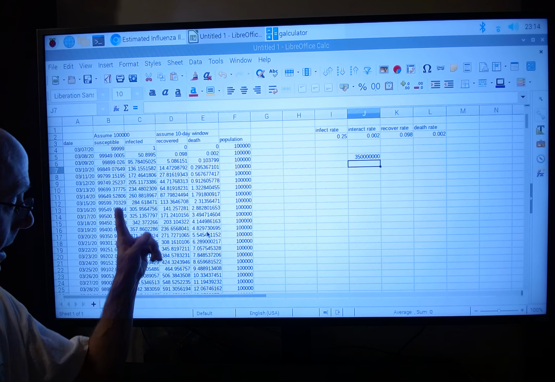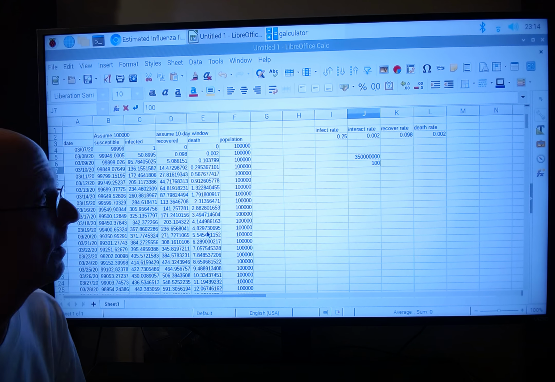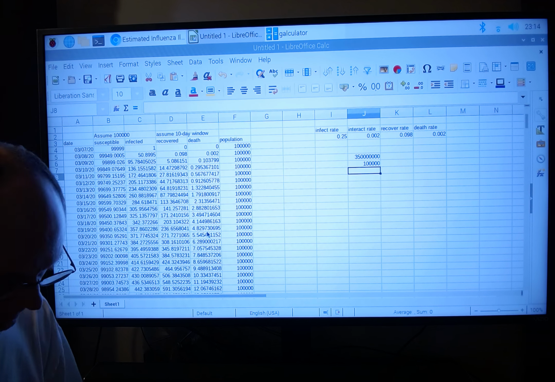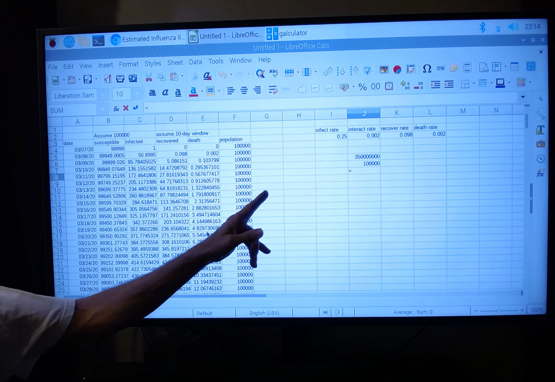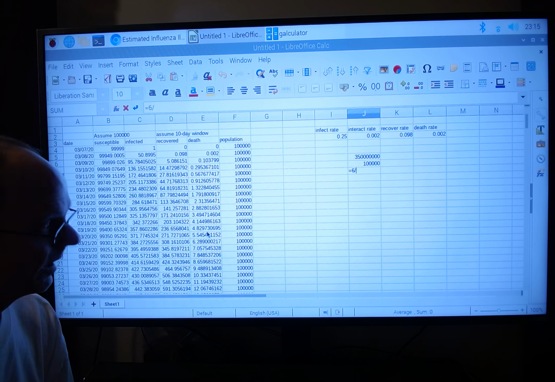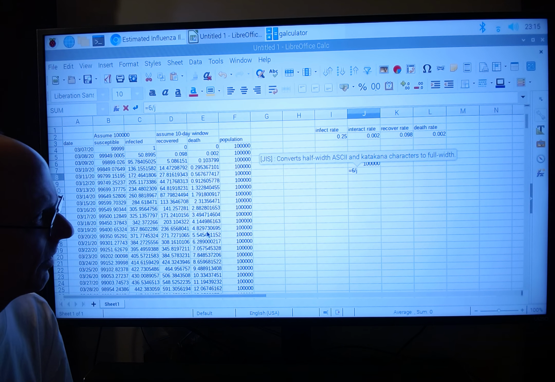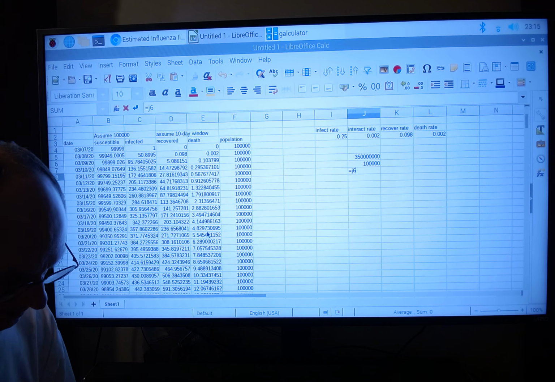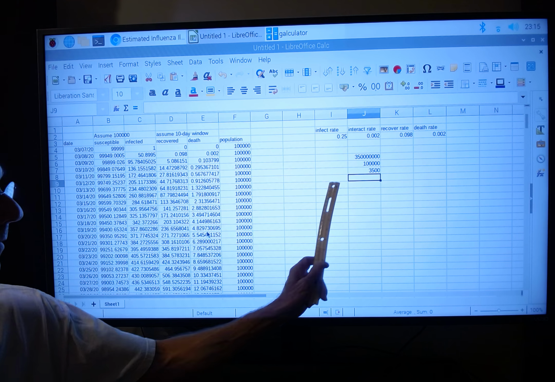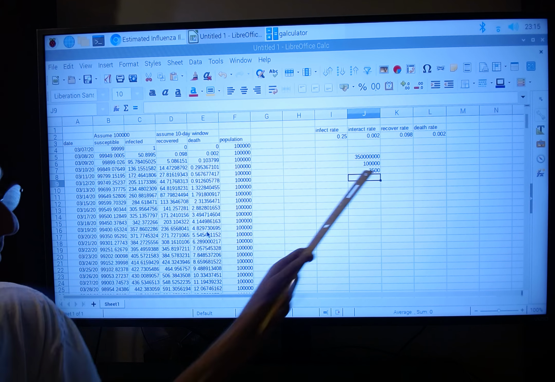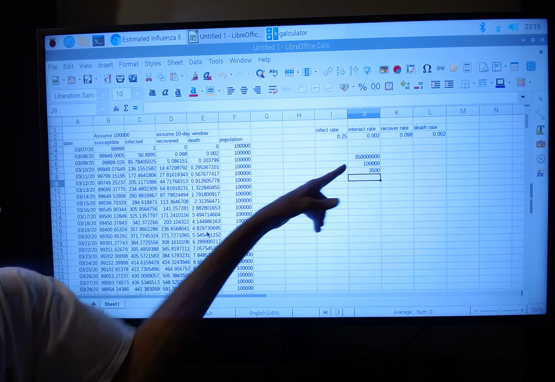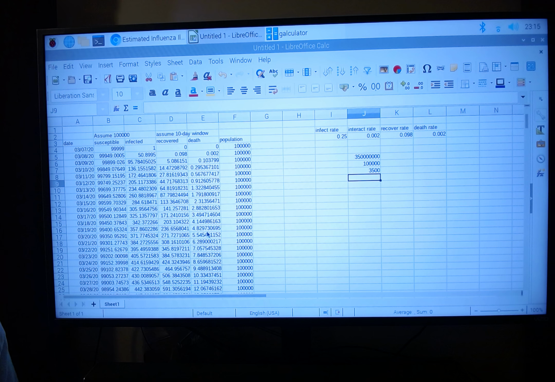And we have 100,000 in our pool, so that's going to be J6 divided by J7, and so we'll have 3,500 pools of 100,000 people in those pools.